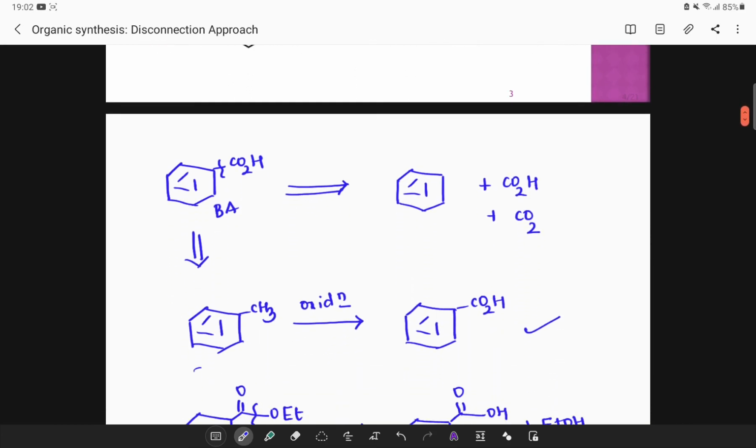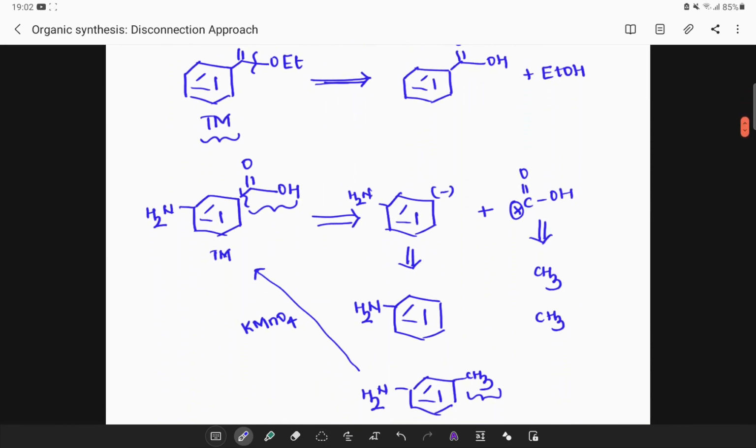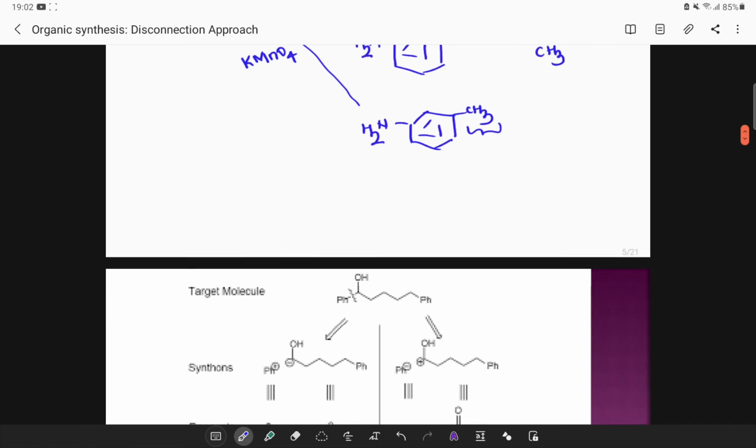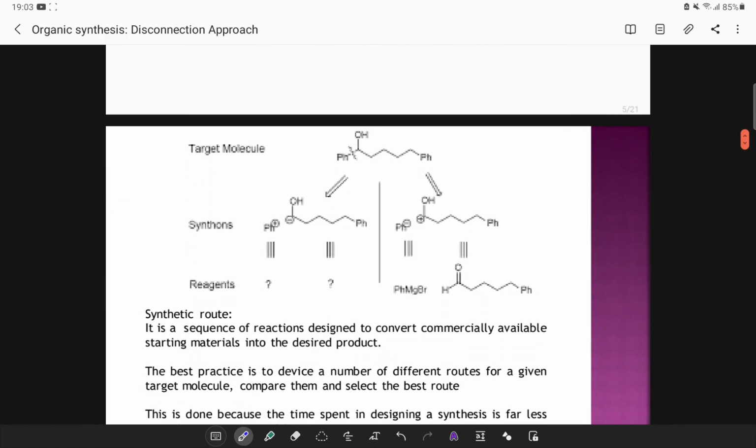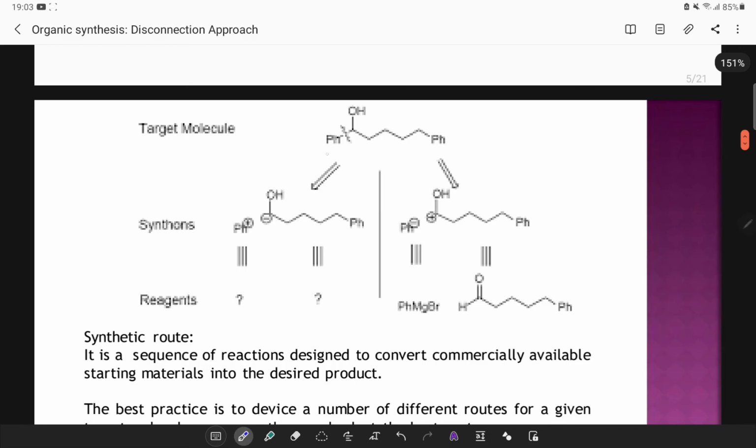Hence, the target molecule given to us becomes a very important aspect of designing the molecule in a proper feasible way. So let us look at this example. Here the target molecule consists of Ph, a long chain system and an OH.